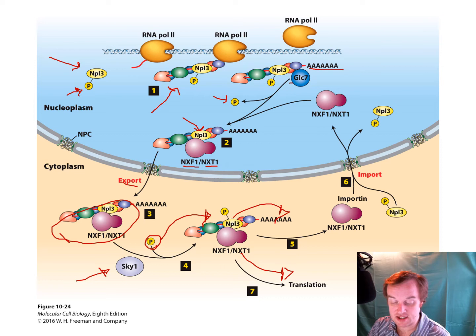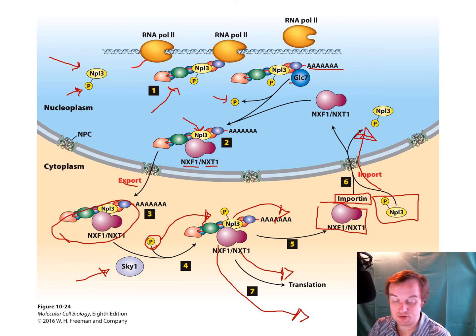Now, the mRNA goes down and is translated, and the released NXF1, NXT1, and NPL3 are brought back into the nucleus with the help of an enzyme called importin.